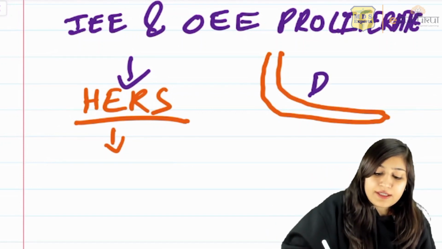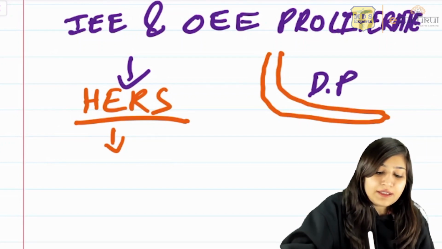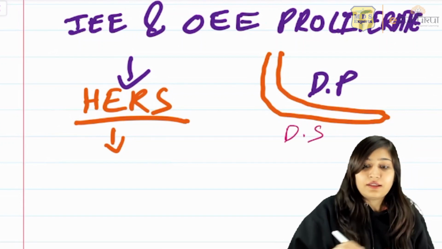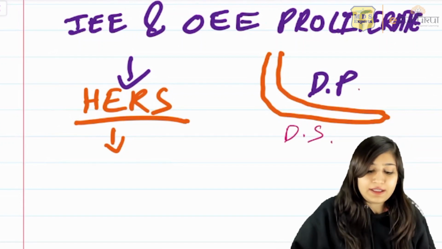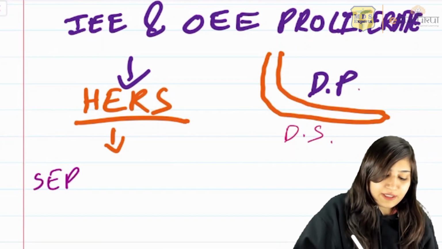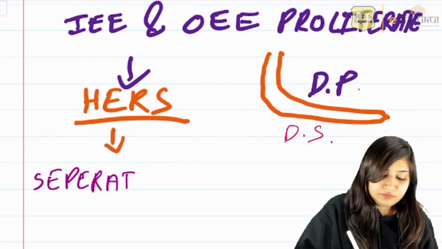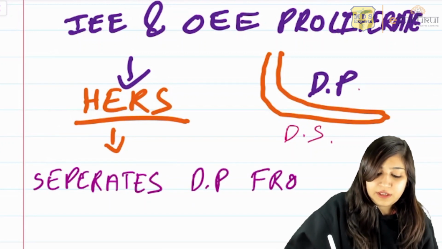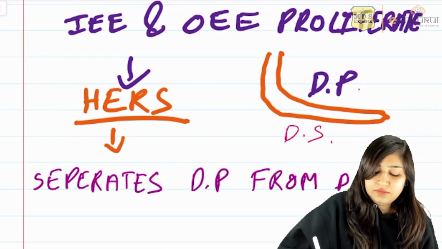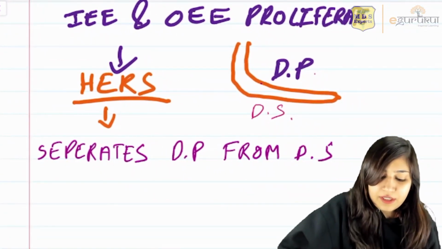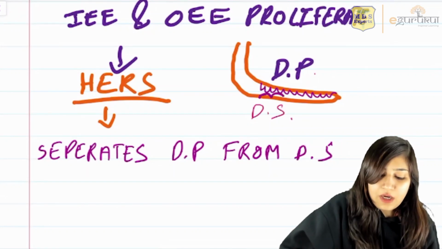So here you can see dental papilla, and here you will see dental sac. So dental papilla is separated from dental sac. Now here there will be inner enamel epithelium, and here there will be outer enamel epithelium.